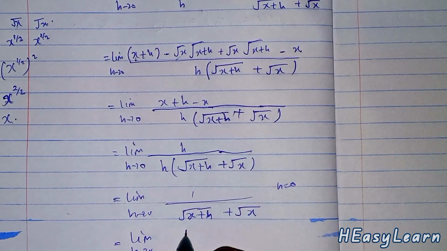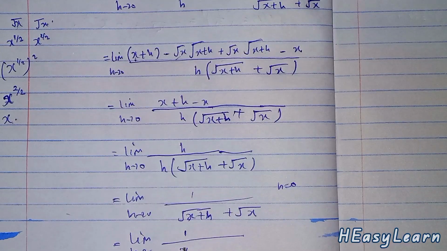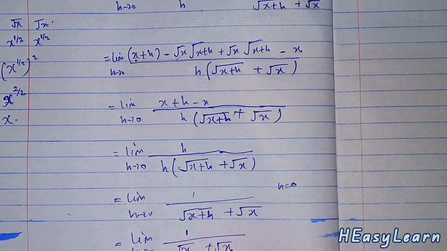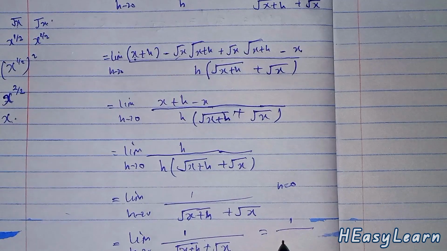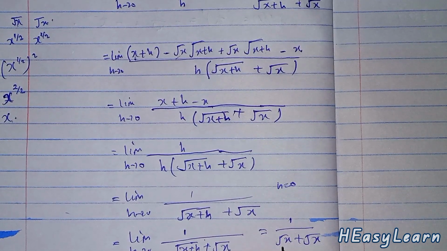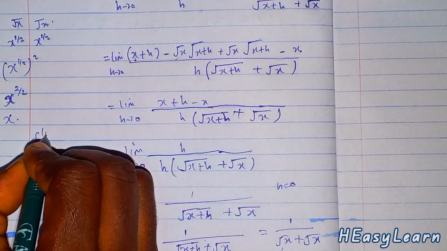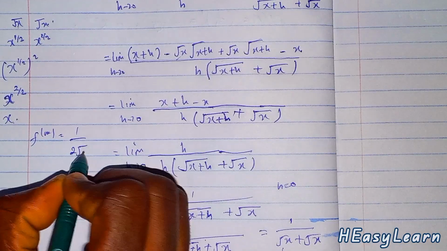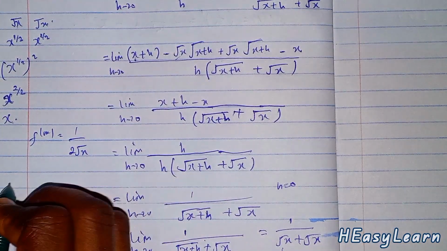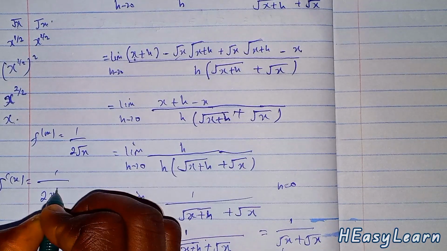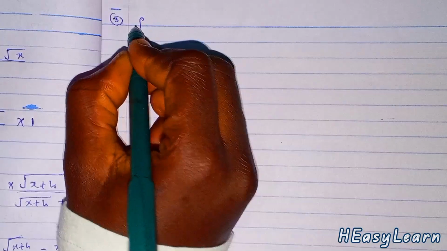The limit as h approaches 0 of 1 over square root of x plus square root of x, which is going to be 1 over 2 square root of x. So the derivative of the function is equal to 1 over 2 square root of x. This is the same thing as 1 over 2 times x to the power of 1 over 2.